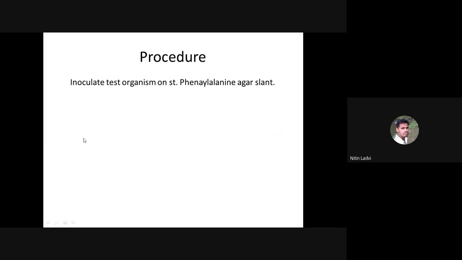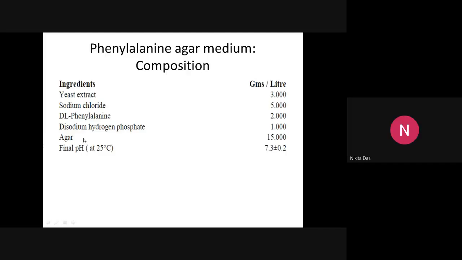So is it clear to you all so far, whatever we have discussed regarding the principle and the composition of the medium? Yes or no? Yes, sir. Sir, will you show the composition again? Okay, yes. Once you are done with this composition, please tell me so that I can go for the next, okay?